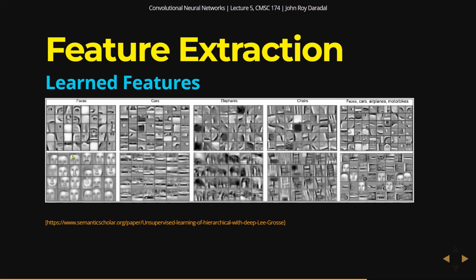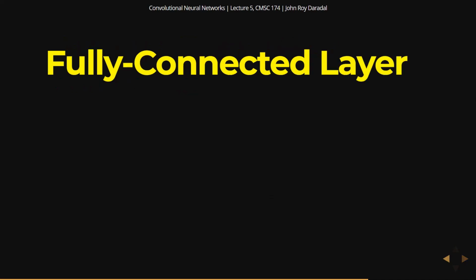And then on later layers, or later depths, they will be combined to form face-like features, really. The same thing with cars. You can have some edges, some circles for the wheels, and then later on you combine them in later layers to form actual cars. So yeah, it's incremental, the way that they learn the features. And then finally, the last type of layer for ConvNets is called the fully connected layer.